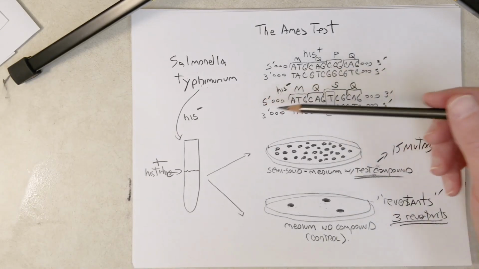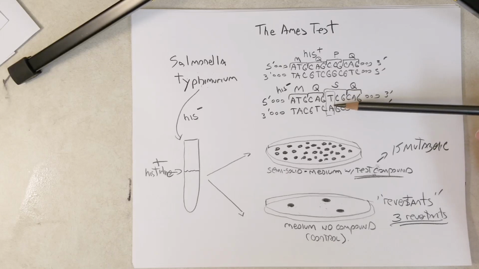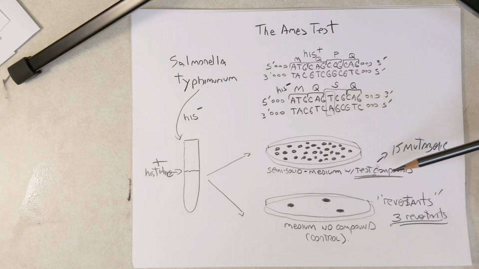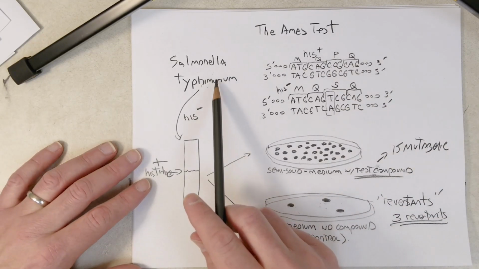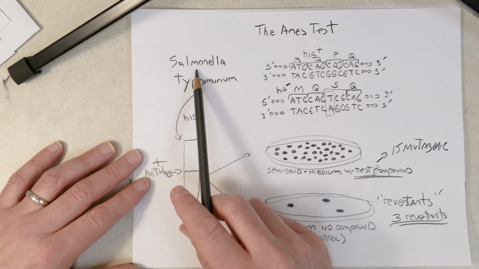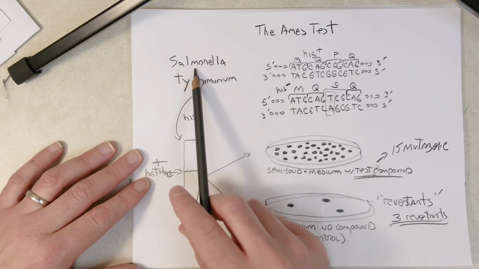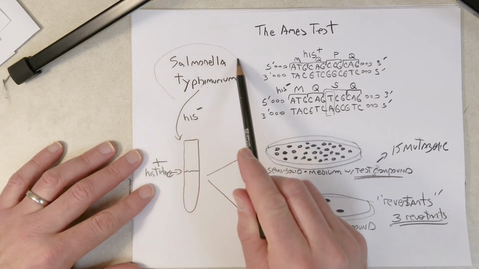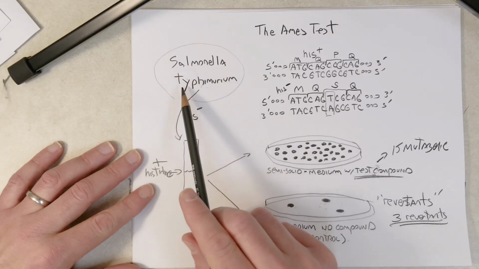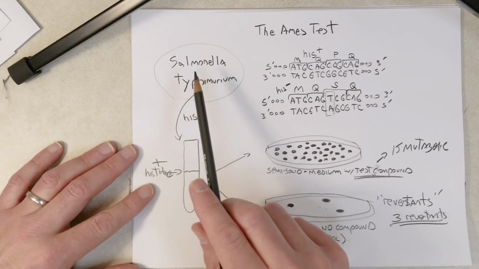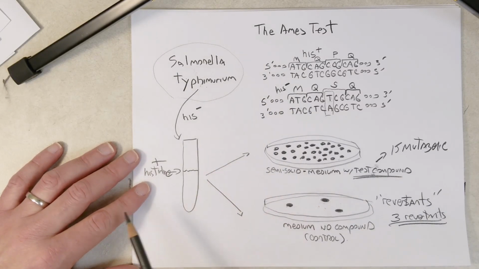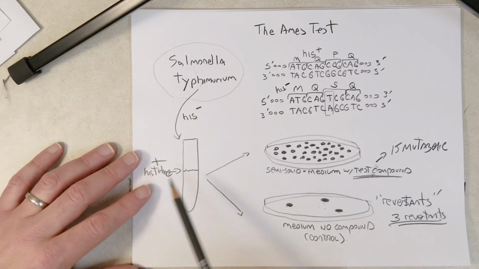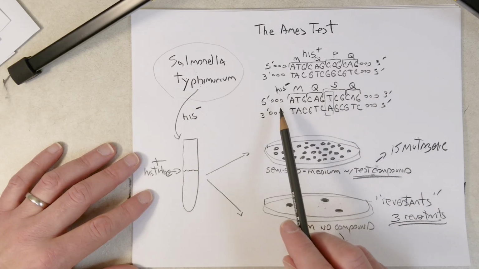Now, this type of mutation right here is great for seeing if the test compound induces point mutations. We can also use different strains of Salmonella. This isn't a bacterium we talk about much in this class, huh? Salmonella typhimurium. We can use different strains of this that have mutations in a histidine gene. Maybe it's even the same one required for production of histidine, because you probably need multiple genes to make histidine.